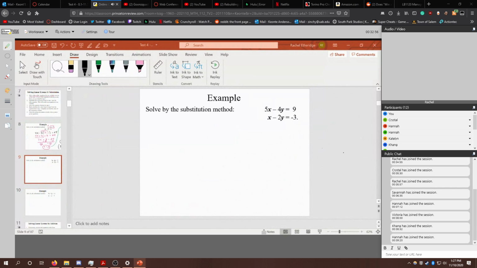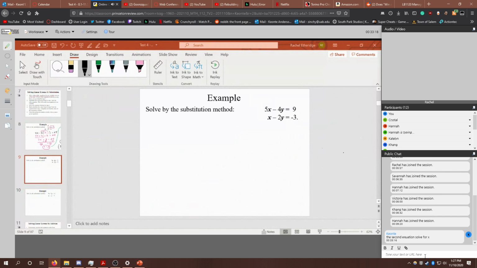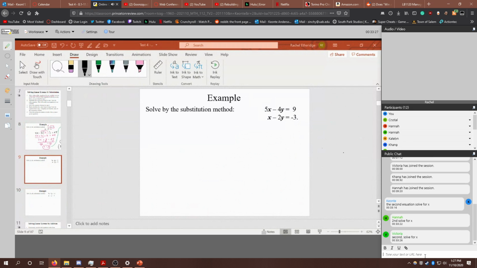I want everybody to look at those two equations and tell me which equation I should solve first or second, first equation or the second equation, and which variable should I solve for? Yes, both of you are correct. All three of you are correct.